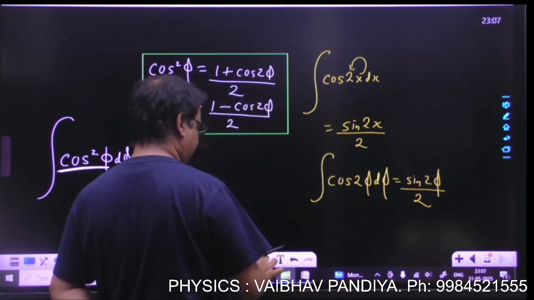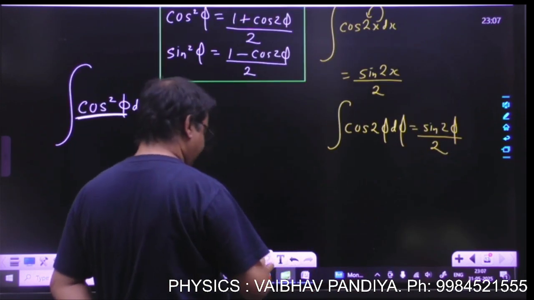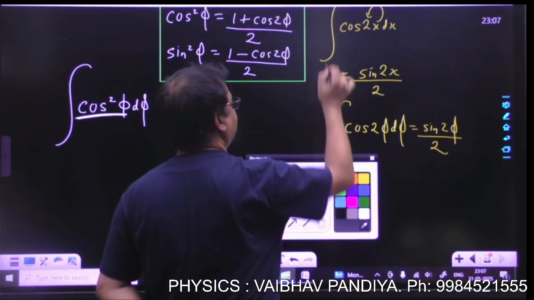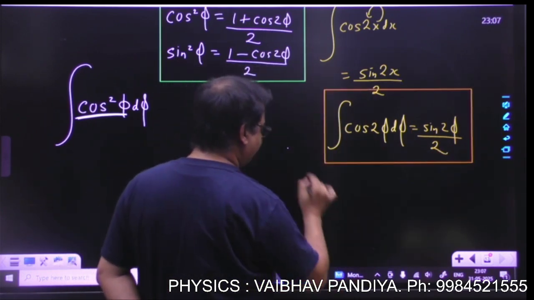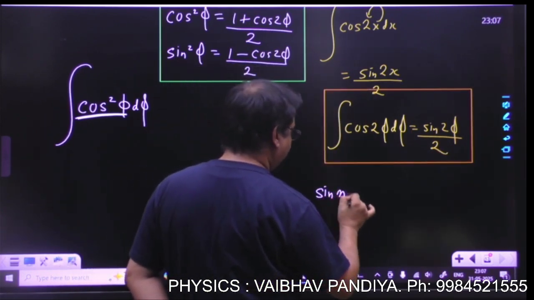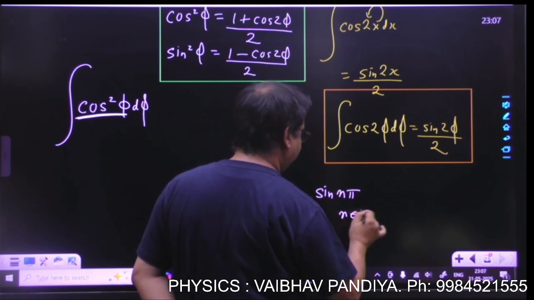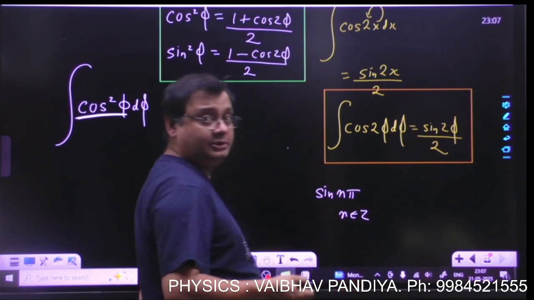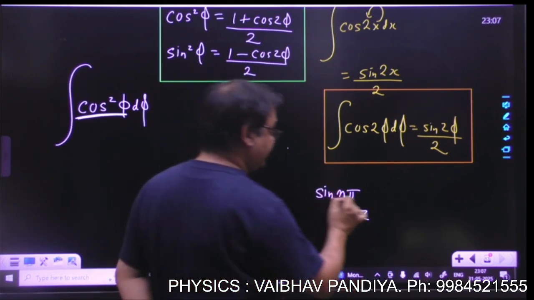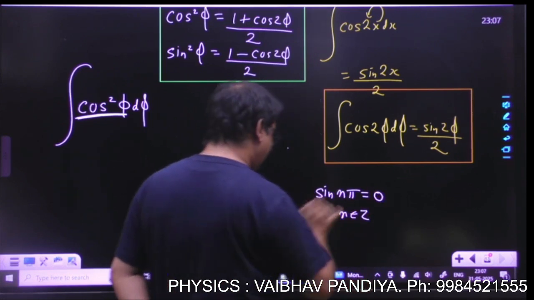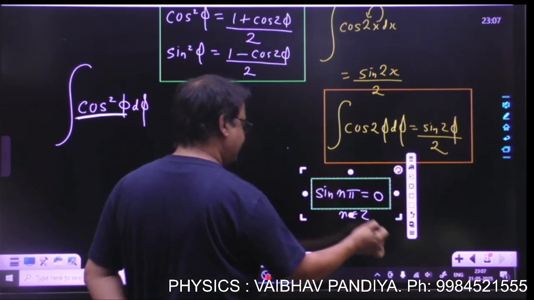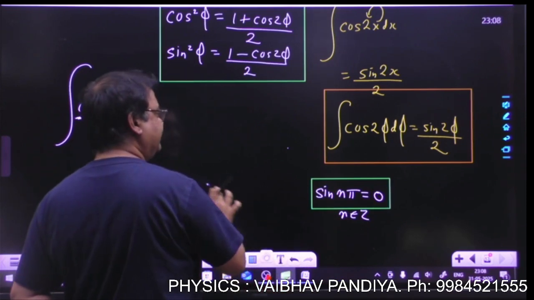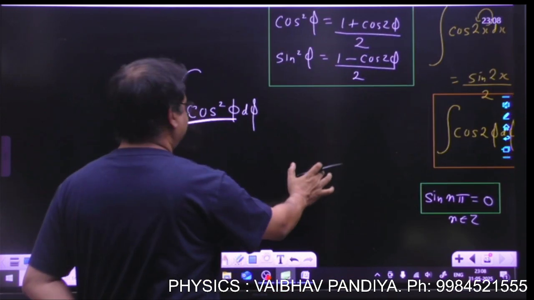This will be your answer. This is the second point which will be applied. Third point, we know whenever you write sin n pi, n belongs to any integer value 1, 2, 3, 0, minus 1, minus 2, minus 3, sin n pi will always have a value of 0, correct? So these are some of the basic things that will be applied.